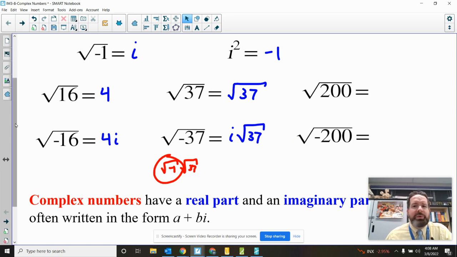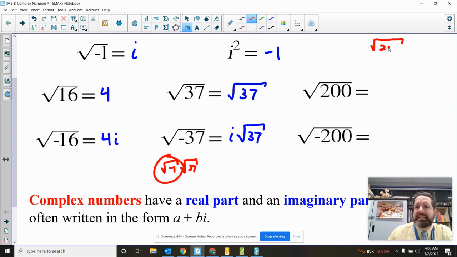Here's a case where you can simplify your root a little bit. So depending what you did last year in Integrated 2, you may have seen this already, but anytime you have a root, if you can split it into a perfect square factor, and then the remaining factor, what we end up with is square root of 100 is 10, square root of 2 just stays square root of 2.